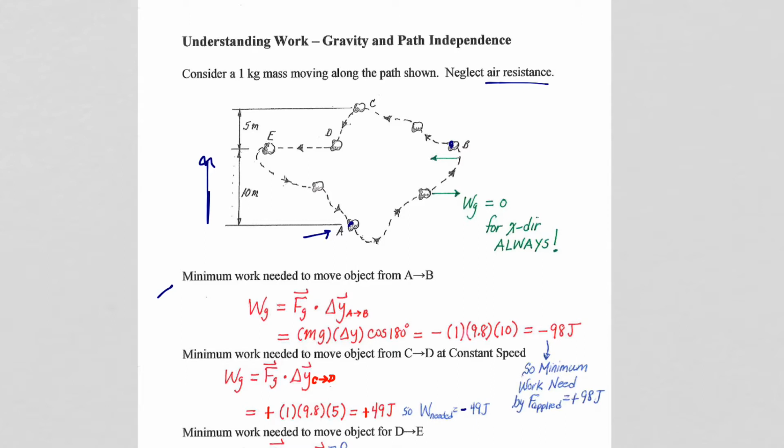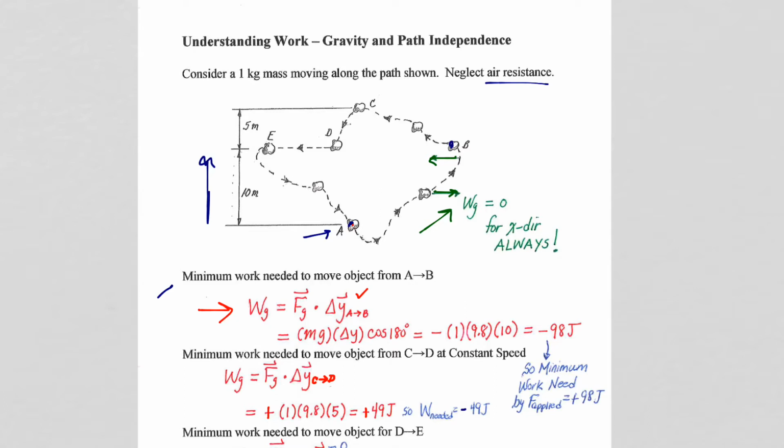Now to find the minimum work needed by you, notice we're going to start our analysis by looking at the work done by gravity. So in terms of going from position A to position B, we know gravity does no work for any of the side-to-side part of the motion. It's only the vertical part of the motion that will enter into our calculation.